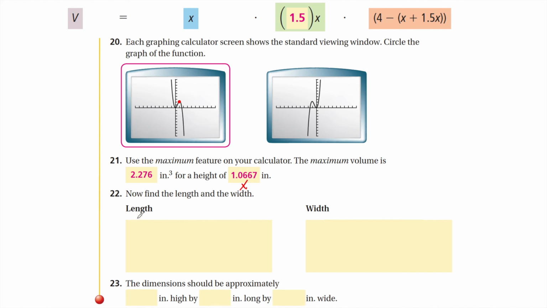Well, the length was 1.5 times the x value, or times the height. In this case, that's 1.5 times 1.07, so the length is about 1.61.